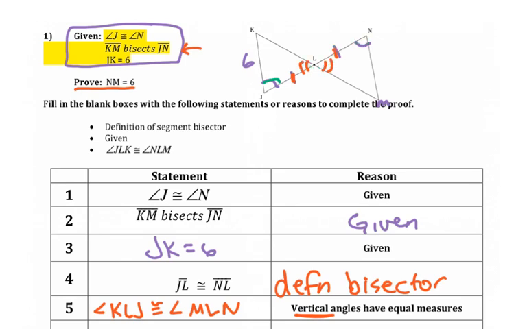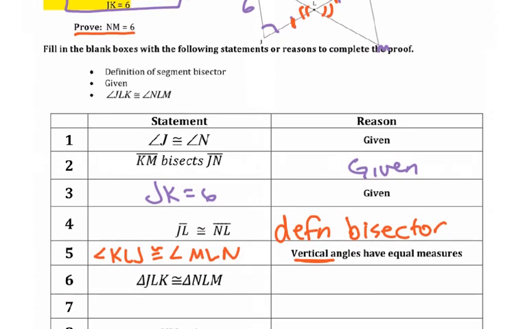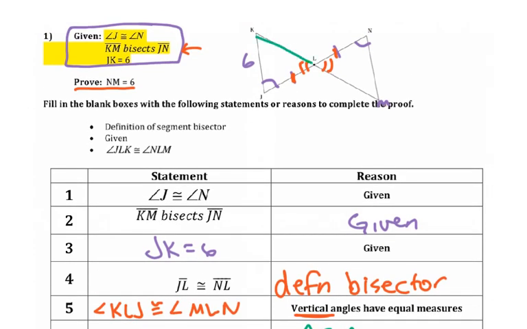Now, if they were congruent to each other, then everything matches up. All of their parts are the same. So the next thing I'm going to say is triangle JLK is congruent to NLM, and the reason is angle, side, angle. So if I've got these two congruent triangles and their parts match up, then it would follow that these other parts have to match up too.